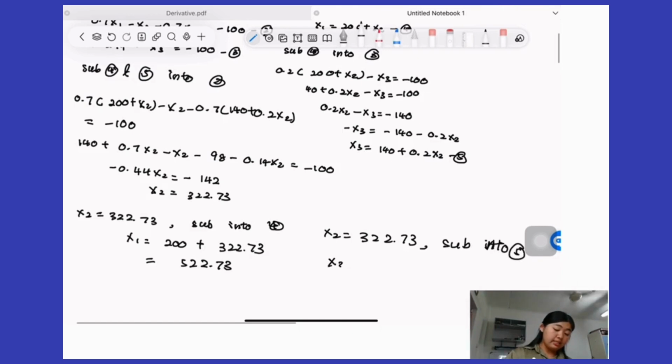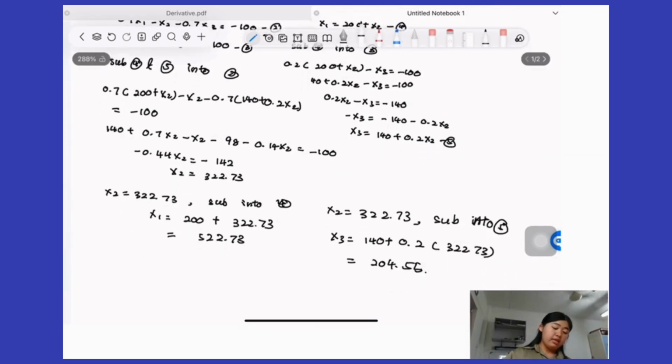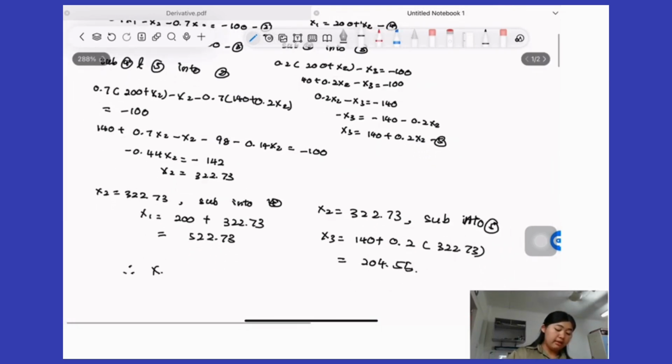So x3 is equal to 140 plus 0.2 times 322.73, and we will get the answer for x3, that is 204.55.